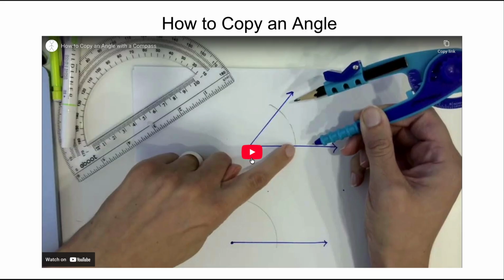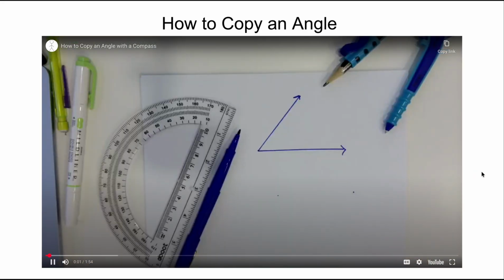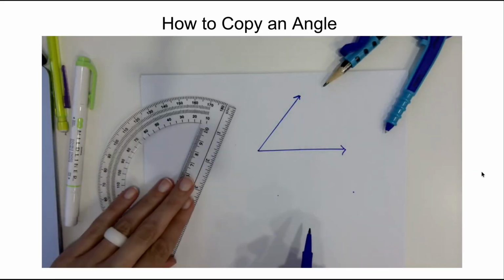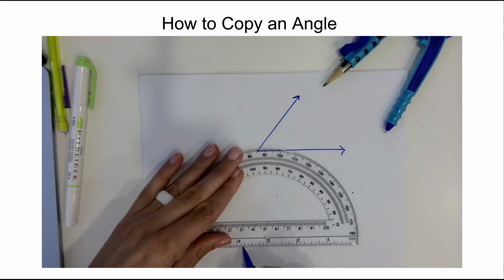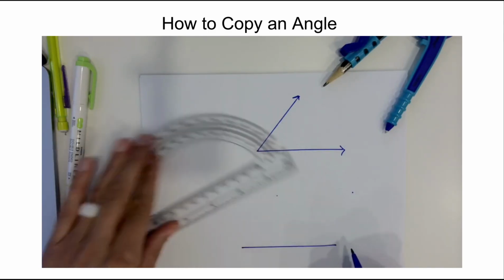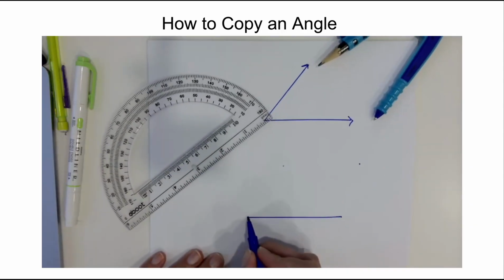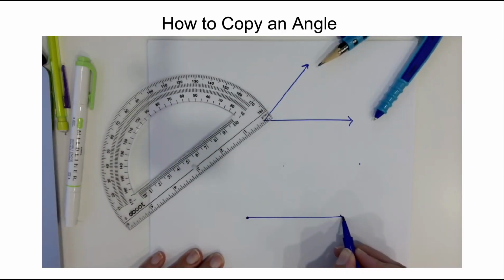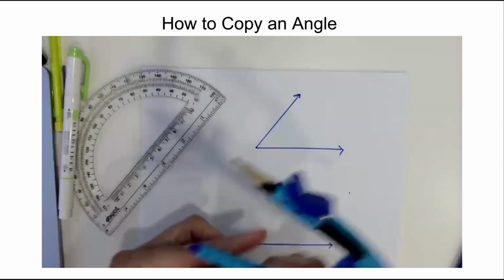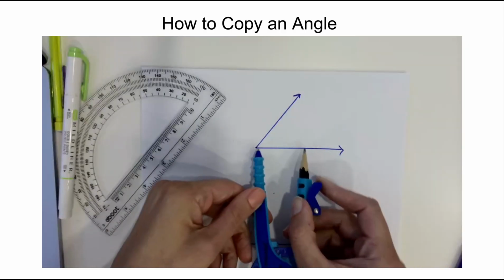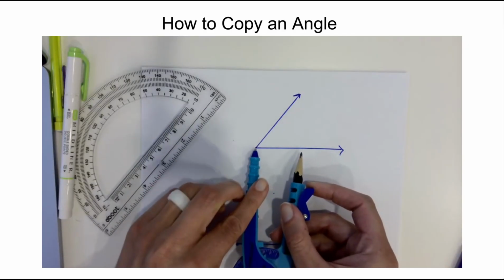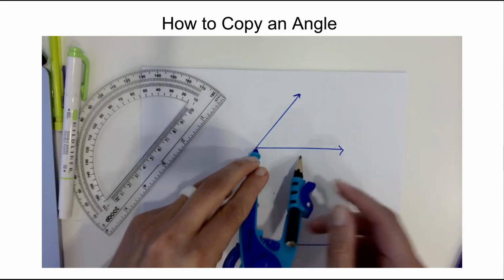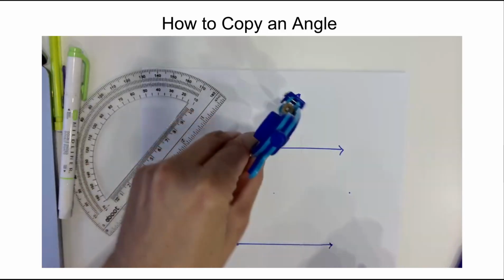And then how to copy an angle. The first thing you do is start off with a ray, add a vertex and an arrow. Open up your compass to about halfway through one of the rays of that original angle, line up your point and draw an arc.